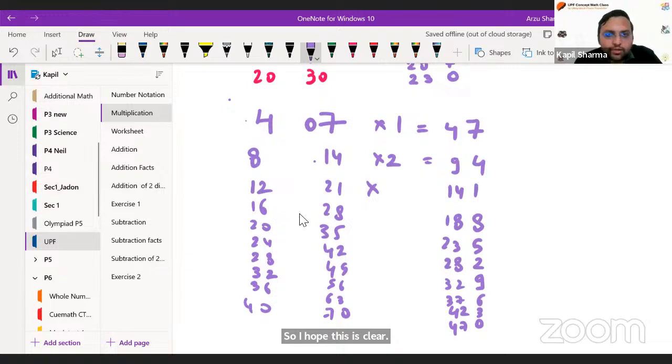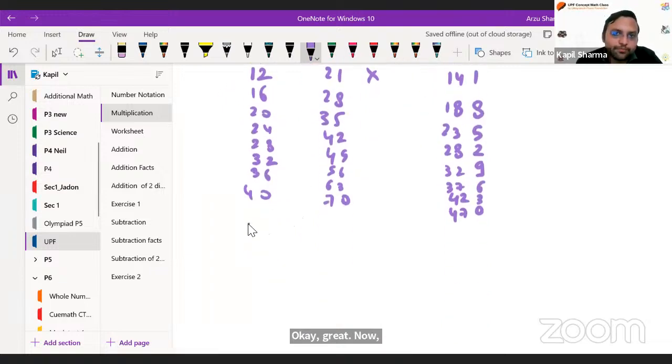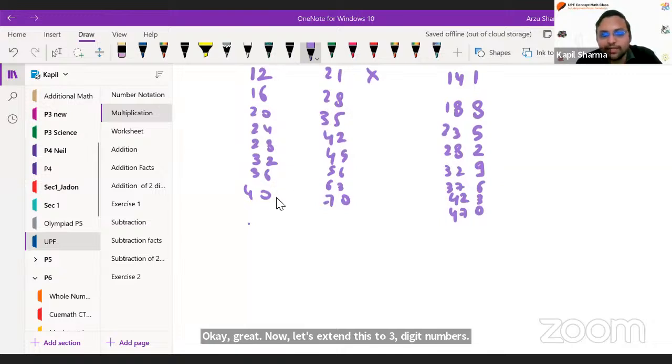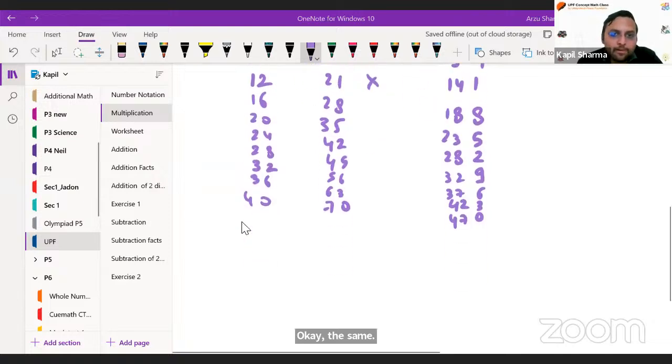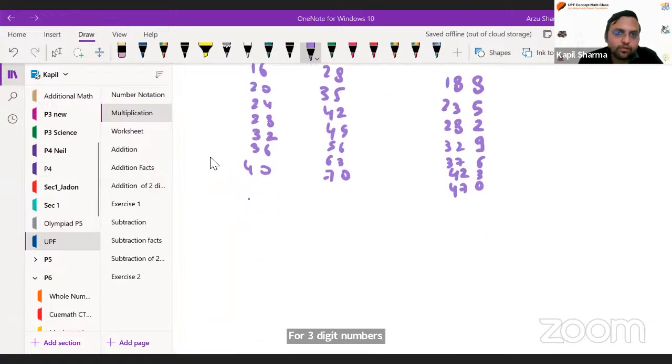Okay, great. Now let's extend this to 3-digit numbers. The same trick for 3-digit numbers. So let's take any 3-digit number.